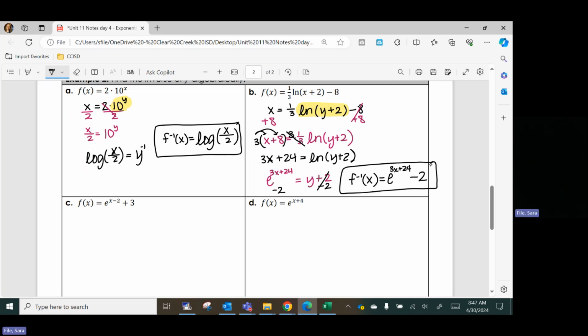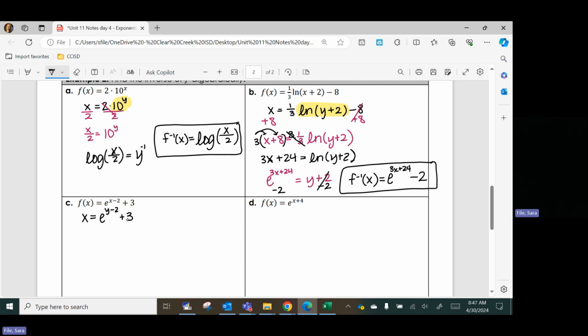So this one is, we're going to replace f of x with y and then switch the x and y. So that is going to look like this. Oops, I don't know why I wrote a plus there. That is a minus.